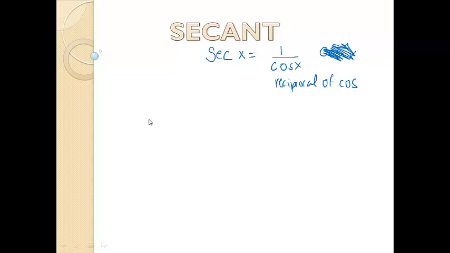So now if we're trying to find some different values, I'm just going to do a few. Let's see if I did the secant of pi over 3. This is going to be the reciprocal of the cosine of pi over 3. If I look at the cosine of pi over 3, I know that that is equal to 1/2.